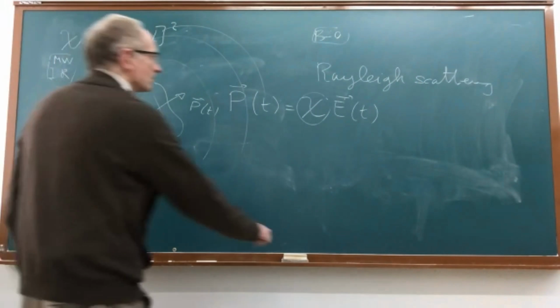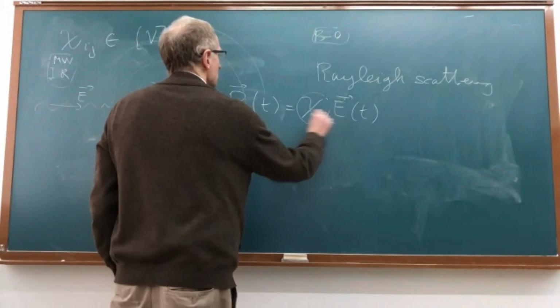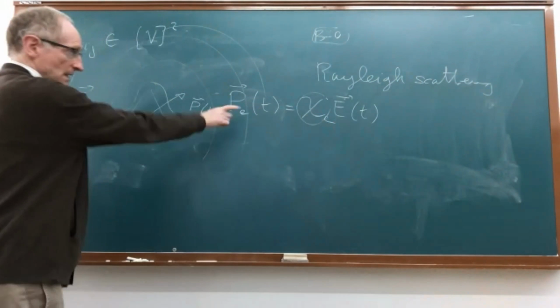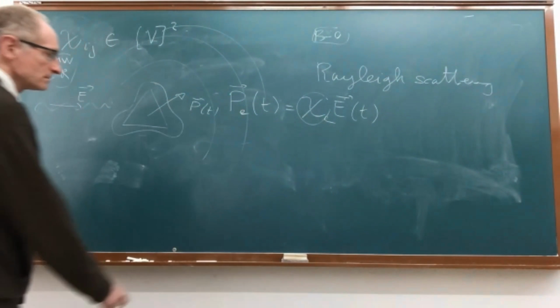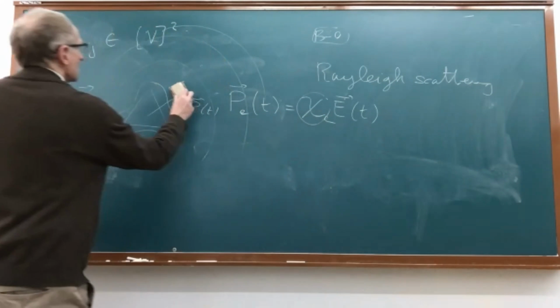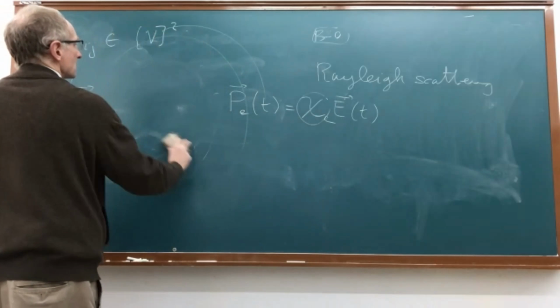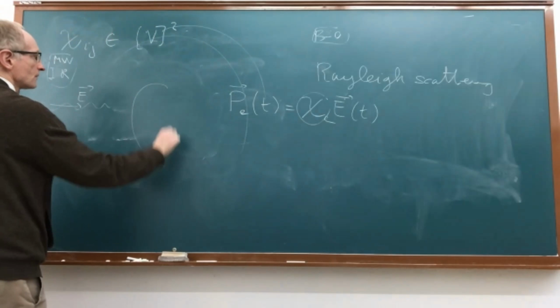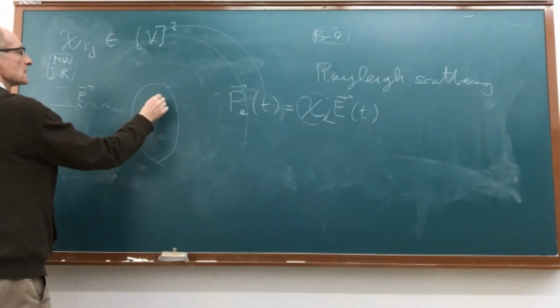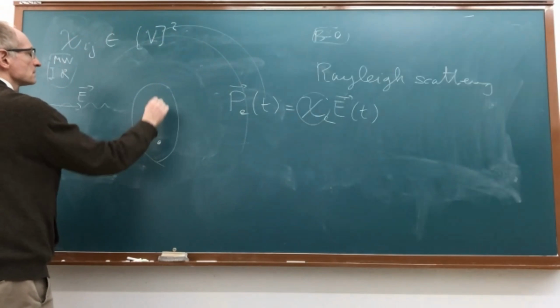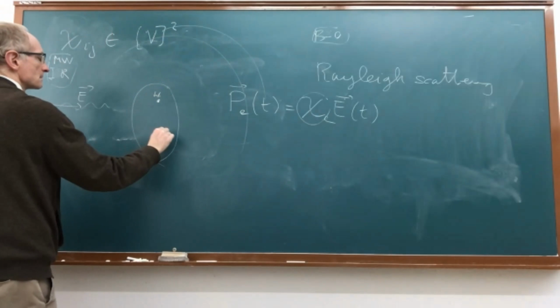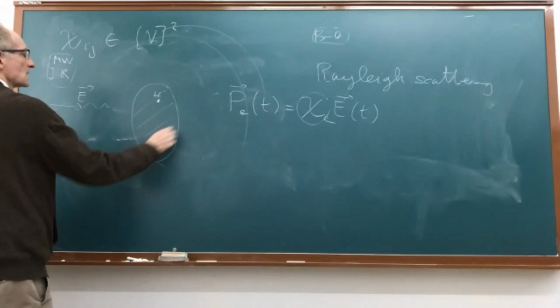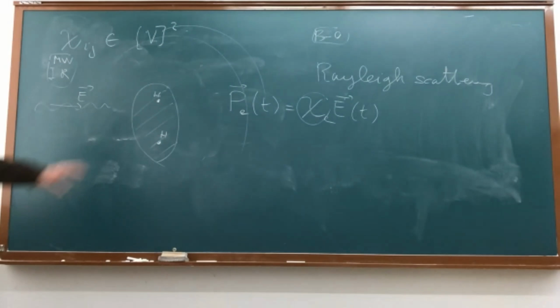However, something very interesting may happen. Assume that this is the electronic cloud for some molecule. For instance, this could be hydrogen. So this is the electronic cloud for hydrogen. It's going to have some more symmetry.